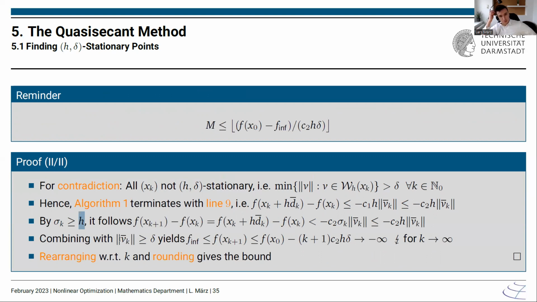Now, combining this with the fact that the condition in line 7 never kicks in, we can plug this inequality into the one before, and what we see then is, if we increase k, then this term diverges to minus infinity. However, we are bounded below by f infimum, so that's a contradiction. And rearranging this inequality actually gives exactly the bound we wanted to show. So we get finite convergence of algorithm 2.